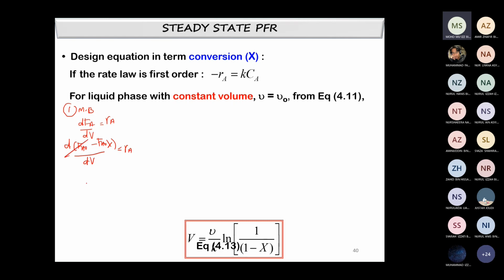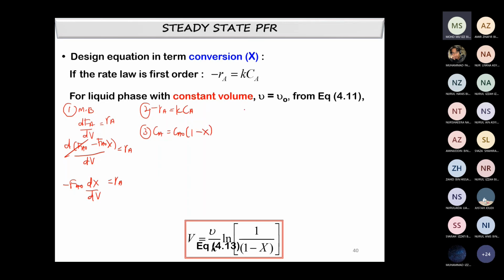So tinggal FA naught dX over dV is equal to RA. Second one, kita tahu it is rate law, so negative RA is equal to KCA. For stoichiometry, CA is equal to CA naught (1 minus X).